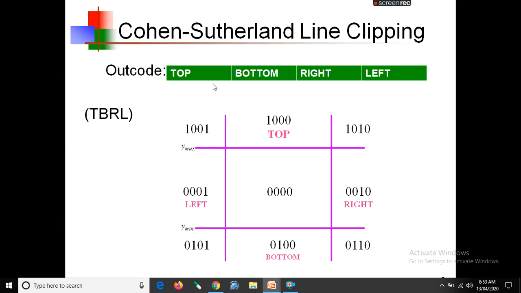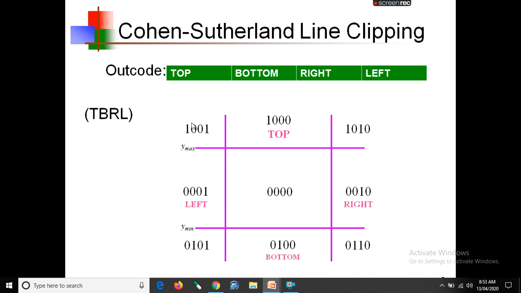So we learned here how to assign the region code for the top, bottom, right and left and center, but how do we get 1001, 1010, 0101, 0110?